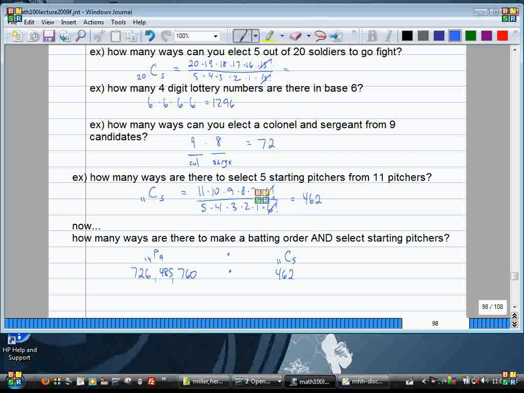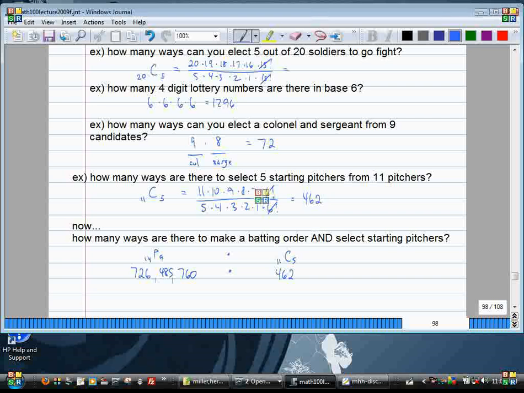Now, what's tricky about this problem is that I'm not telling you how many different batting orders there are, I'm not telling you how many different starting rotations there are. You have to separately figure that out.